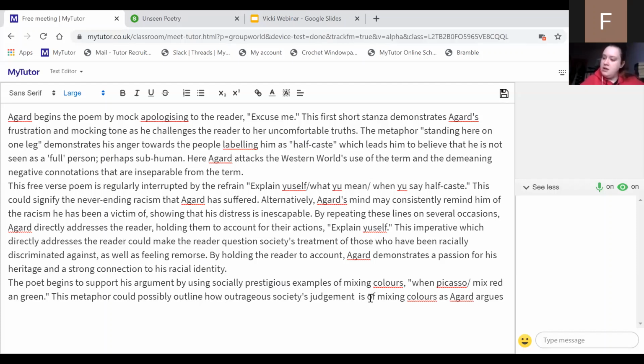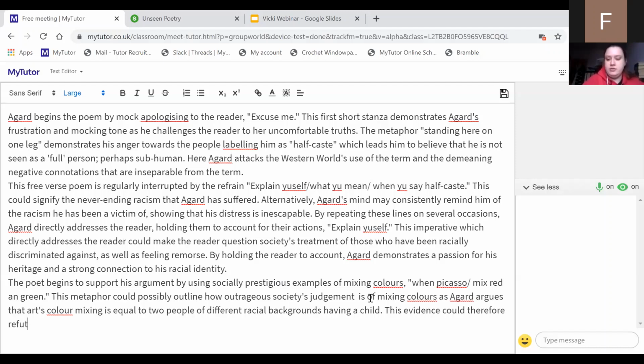Agard argues that art's colour mixing is equal to two people of different racial backgrounds having a child. This evidence could therefore refute and highlight the absurdity of the issue.